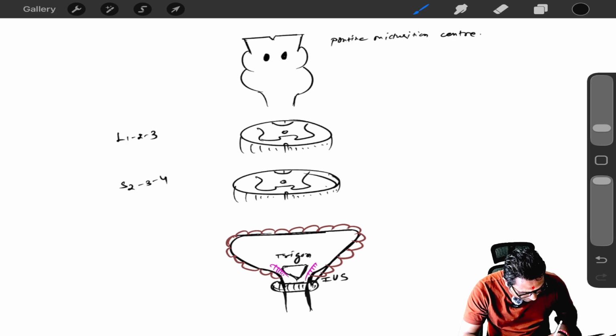Whereas below the internal urethral sphincter, there is another sphincter, which is called the external urethral sphincter.